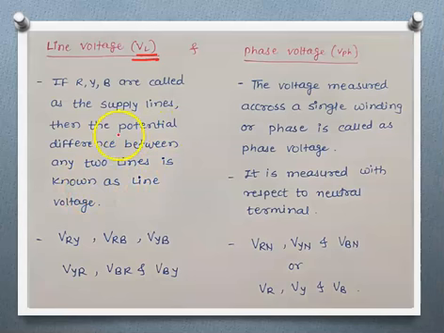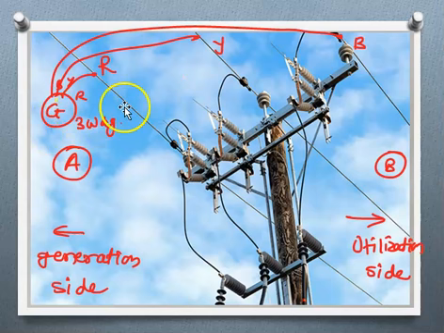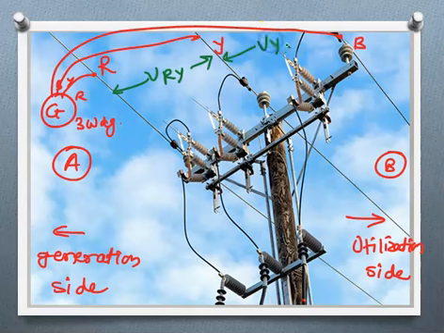Suppose these are the R, Y, B lines, then the potential between these two is VRY, the potential between these two is VYB, and the potential between R and B will be VBR.